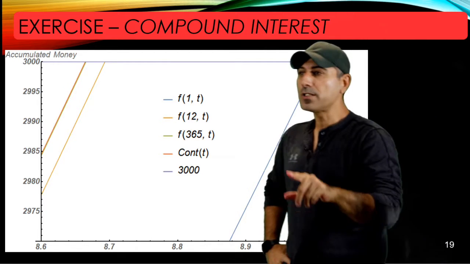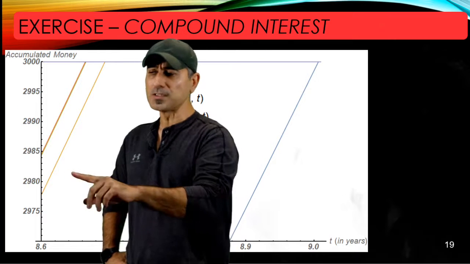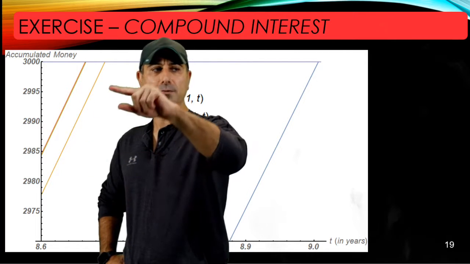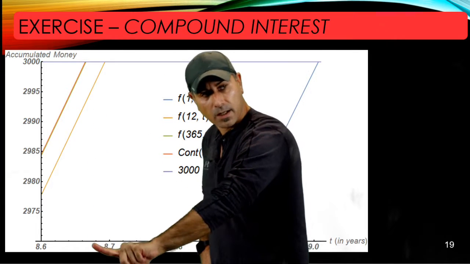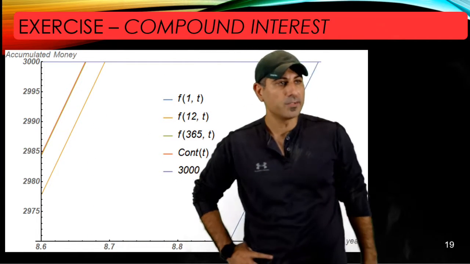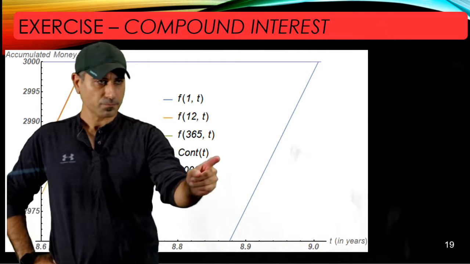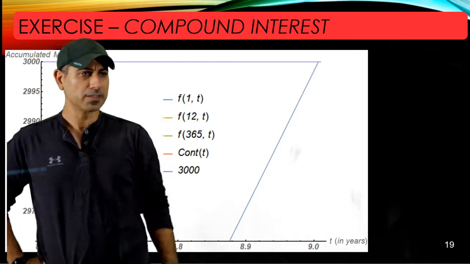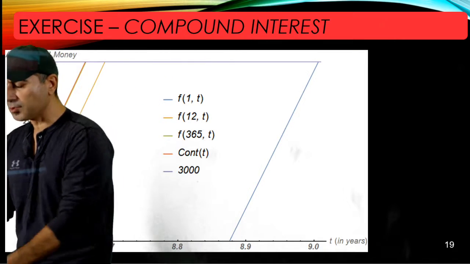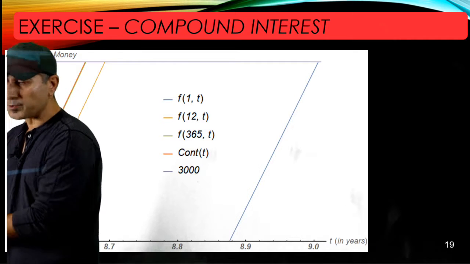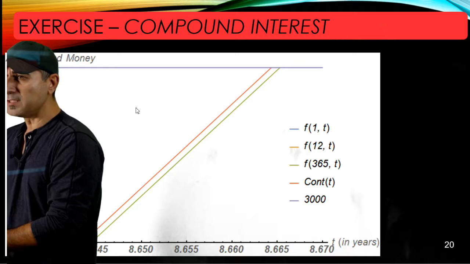And then the orange one is the one that you compound monthly. This is the third fastest way to reach $3,000. As you see, it's close to 8.7. And then the other two cases are pretty similar. One is compounding daily, and the other is continuous compounding. To see the difference between these two cases, I wanted to zoom in more.